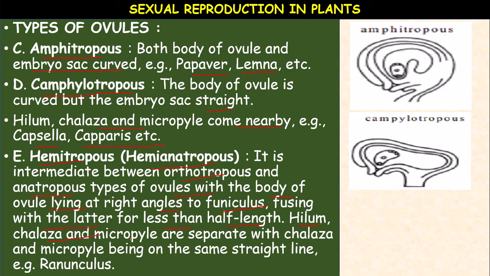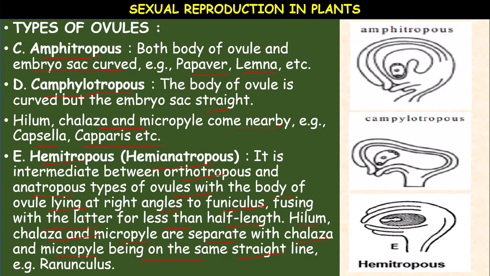Hilum, chalaza and micropyle are separate, with chalaza and micropyle being on the same straight line. Example, Ranunculus. See, this is a half inverted ovule, the hemitropous ovule.